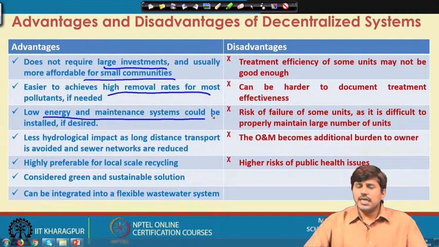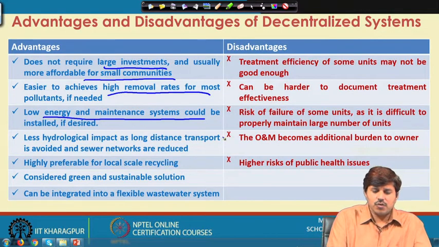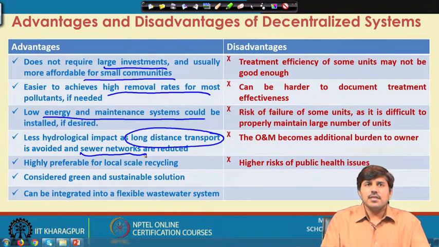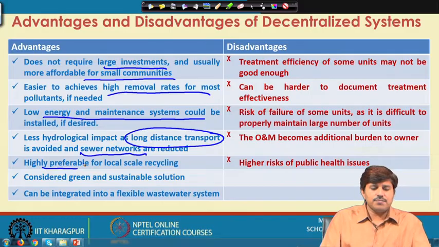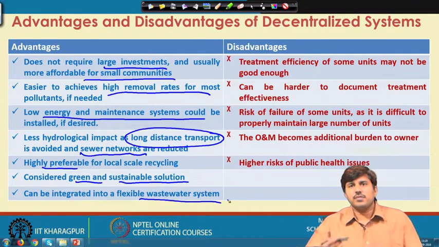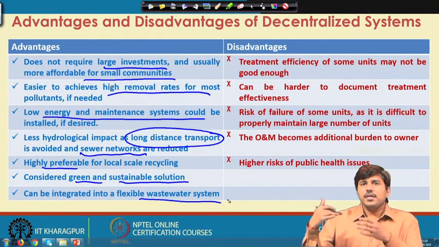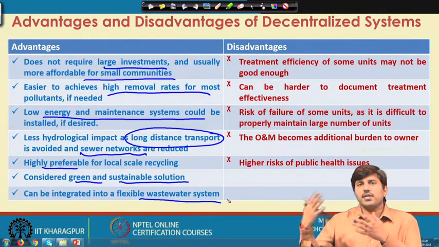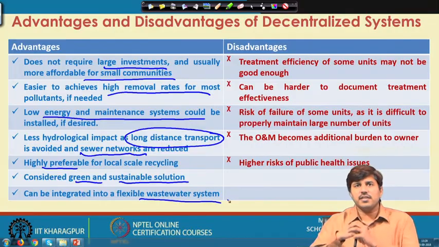Further, there is going to be less hydrological impact, as you avoid long distance transport and the big sewer networks. For local scale recycling, these are highly preferable systems. They are considered relatively green and sustainable solutions, and they can be integrated into a flexible wastewater system. So, we get the flexibility of reusing water at different scales, and different types and grades of water can be produced.